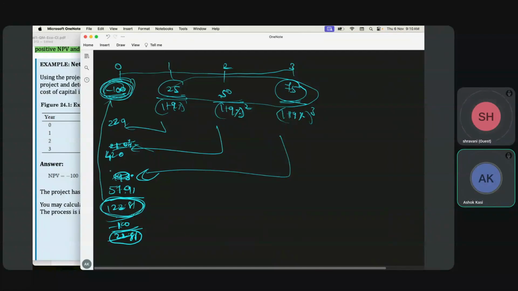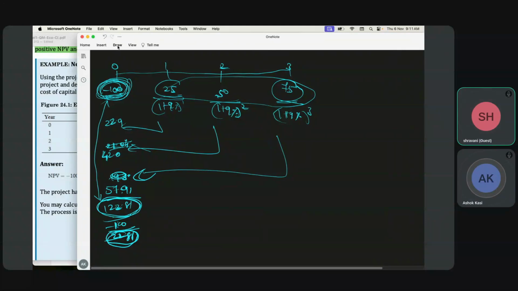So we are actually earning only 22.81, which is still a positive number. As long as it is positive, we should accept the project. Suppose this number comes to be minus 10, then I will not accept the project. It's like I'm giving 100 here and at the end I'm not even receiving my money. It's a loss making project for me.